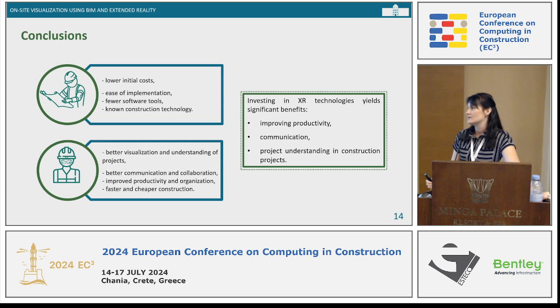But if we look for benefits in the advanced approach, we can say that it's really better in visualization and understanding, communication, and safety, and it is safer and cheaper in the last final steps.